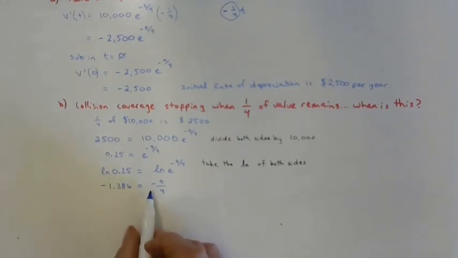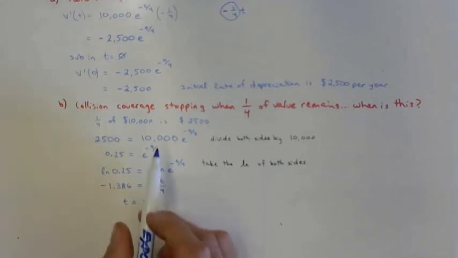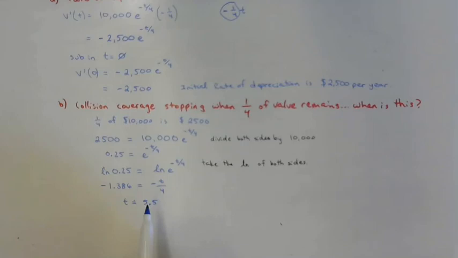From here, to find out what t is, I'm just going to multiply both sides by negative 4. That gets us a t value of approximately 5.5. So if Laura doesn't want to pay collision insurance on this thing after it's lost 3/4 of its value, then she's going to want to cancel her collision coverage after approximately 5.5 years.